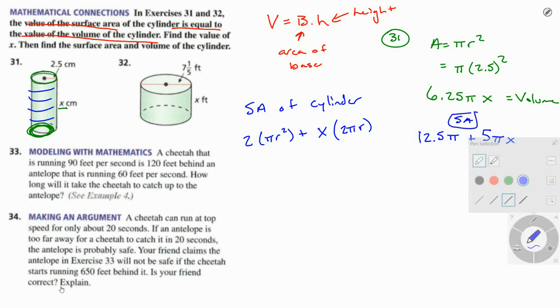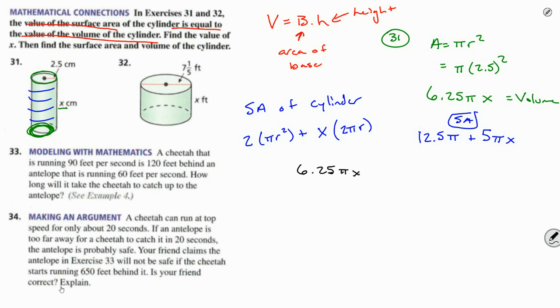Now, putting it all together, we should be able to set 6.25 pi x, the volume, equal to 12.5 pi plus 5 pi x, the surface area, because it says they're equal to each other, and then start to solve.